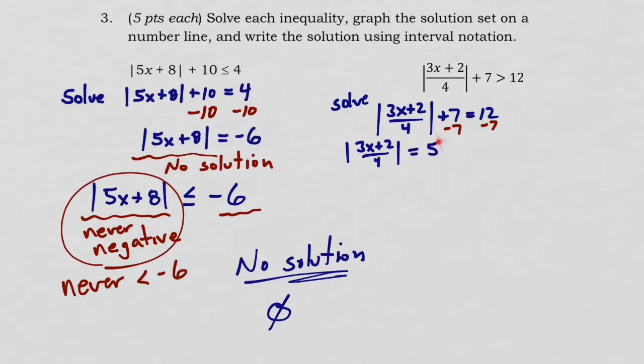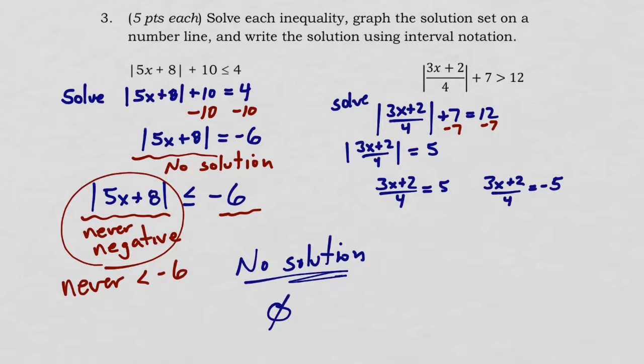And so we have a positive value to work with, so we can use our regular strategy of dropping the absolute value sign and getting two simpler equations. 3x plus 2 over 4 equals 5, and 3x plus 2 over 4 equals negative 5.